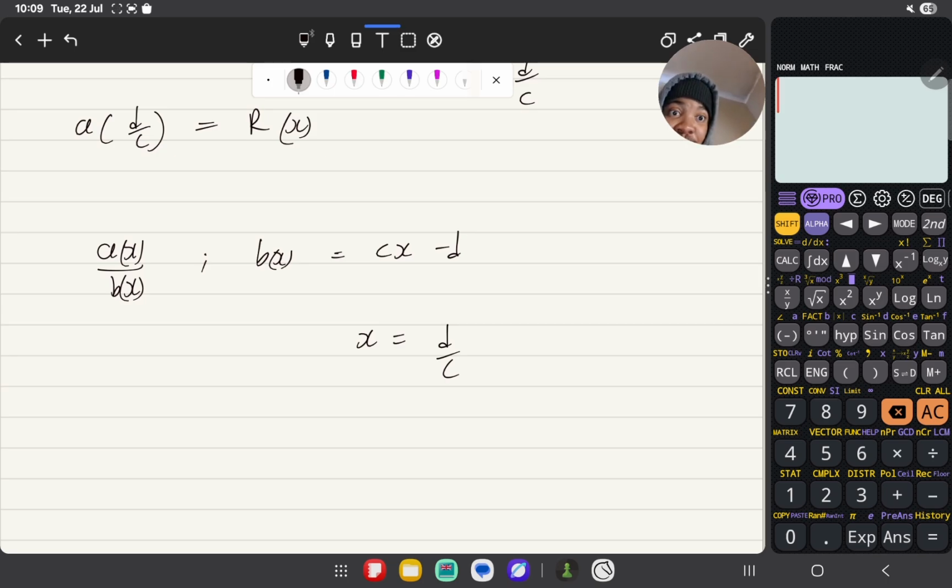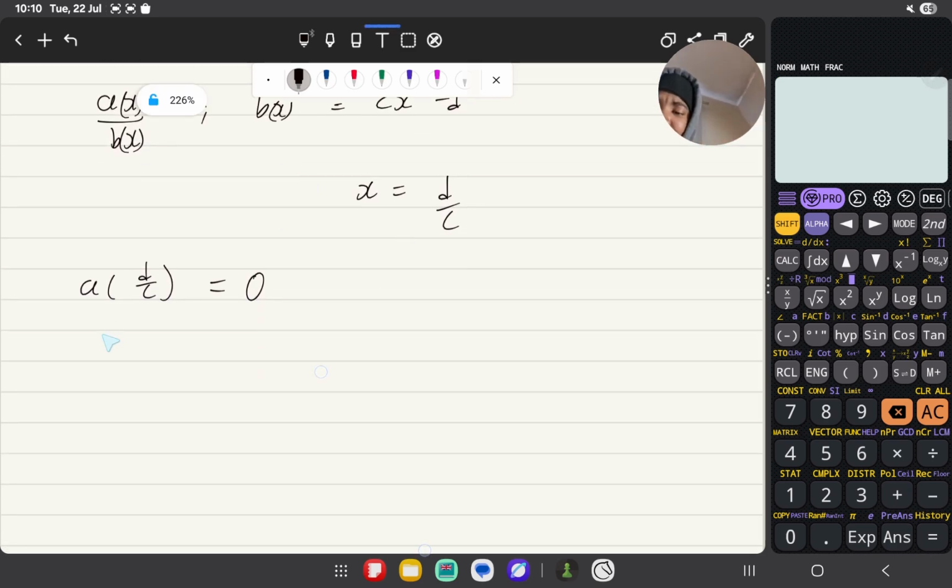So if A of d over c gives you 0, what is it saying?